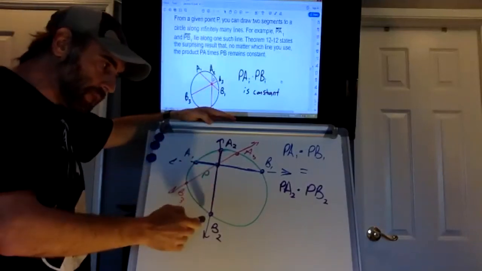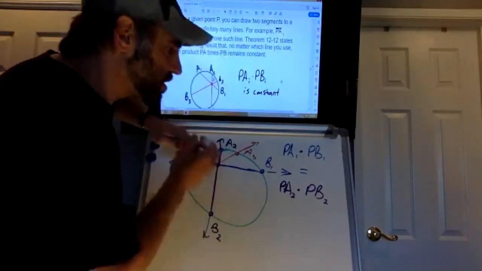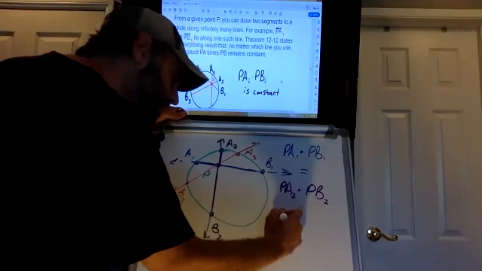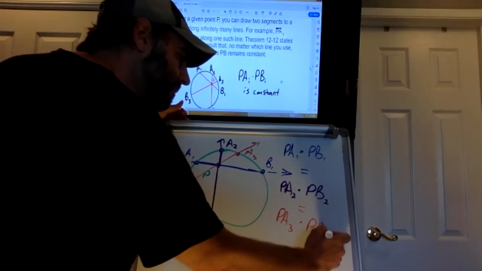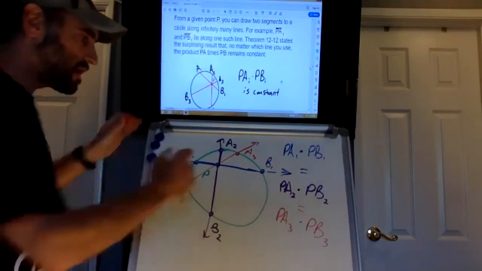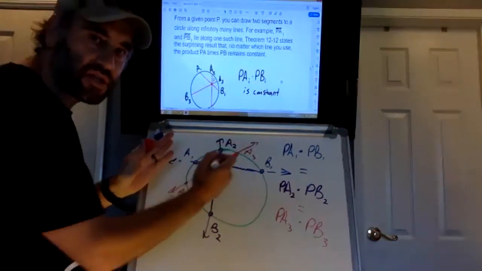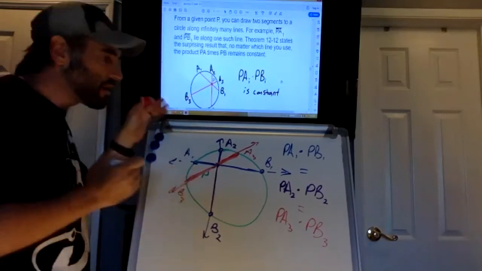Purple times purple is equal to blue times blue, which is equal to red times red. What is red? PA3 times PB3. So that's this segment here. Everybody watch. This is why I like the gestures and you being able to see what I'm doing. Here times here. Okay?